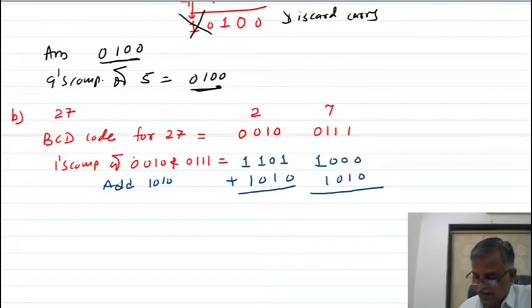Do the binary addition. This is 0, 1, 0. 1 plus 1 is 0. Carry is 1. This carry I am writing here. Now discard this carry.